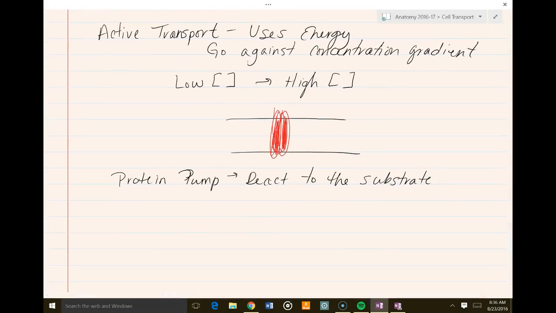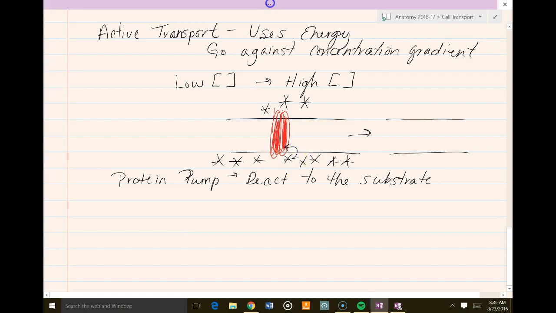So if we have our membrane, like our initial setup here, what's going to happen is when we think about our membrane and then we say have these particular molecules, so if this is the inside of the cell and we want to get rid of, say, we made this hormone, it's really big, we need to use energy to move it because it's in a really high concentration inside of our cell. What will happen is that substrate is going to attach to this protein.